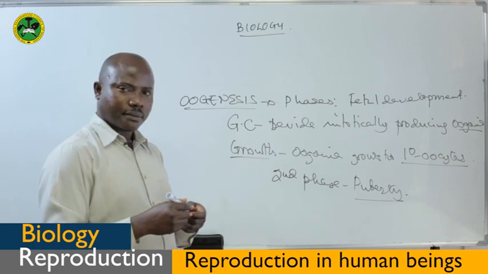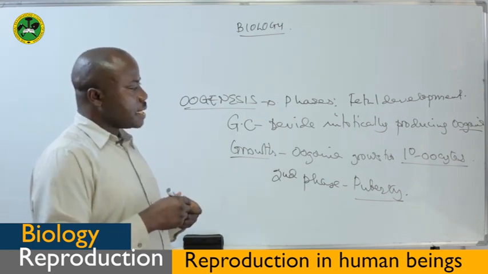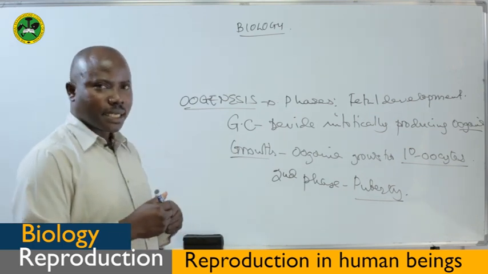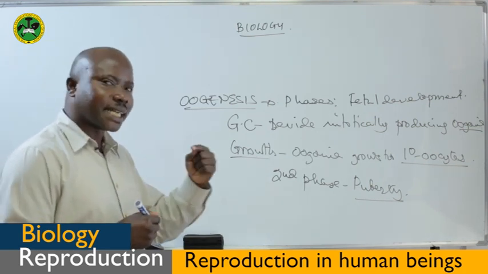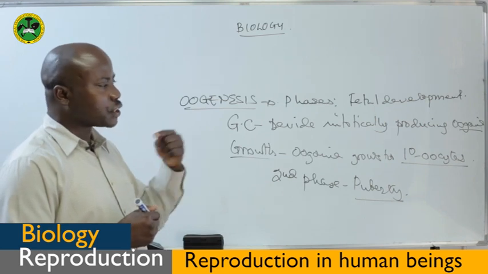At puberty, the primary oocyte divides meiotically to produce the secondary oocyte that stops at metaphase of meiosis 2.